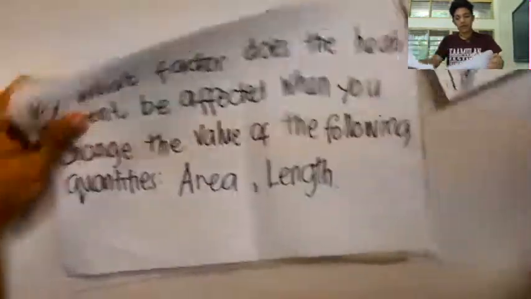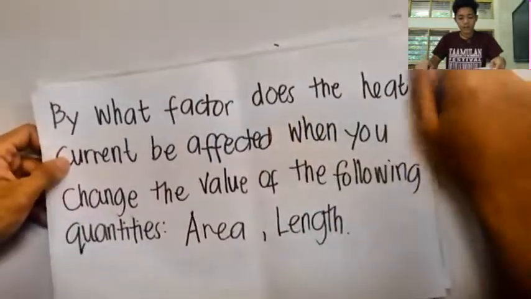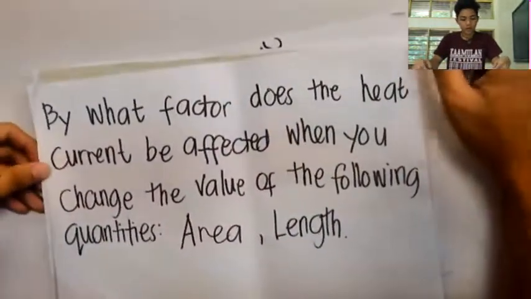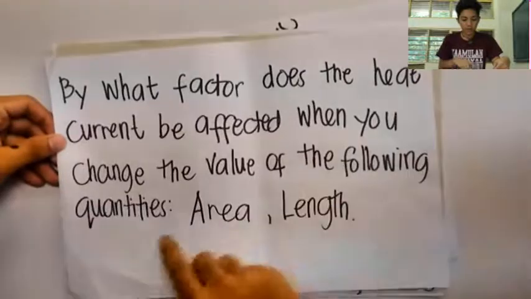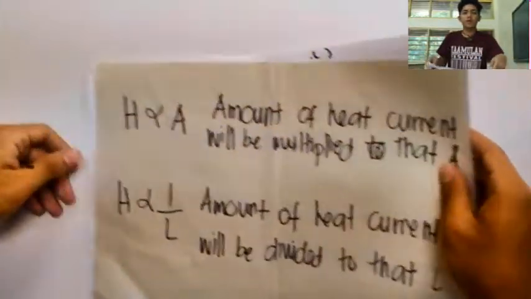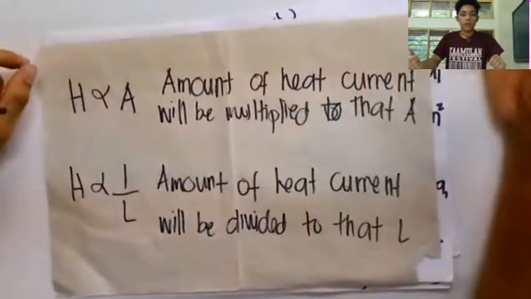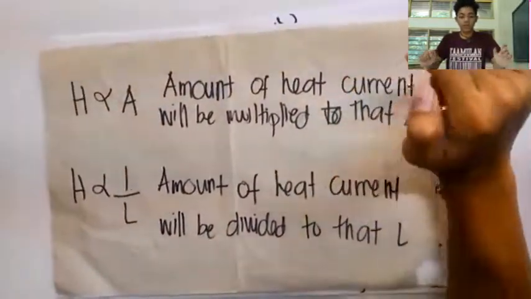So next question: by what factor is the heat current affected when you change the value of the following quantities, area and length? Recall that heat current is proportional to area.